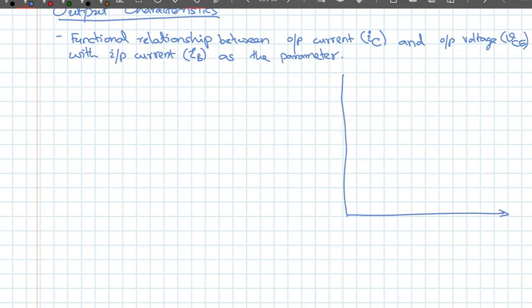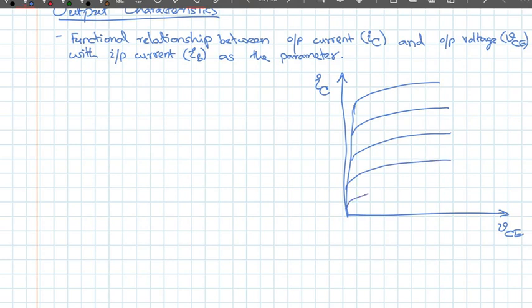If we draw the output characteristic, maybe you may remember this: IC versus VCE, and you had several curves. I'm going to exaggerate the features a little bit so that we can demonstrate what we are actually going to see. I'm going to have them with a little bit of curvature, as well as not perfectly parallel.